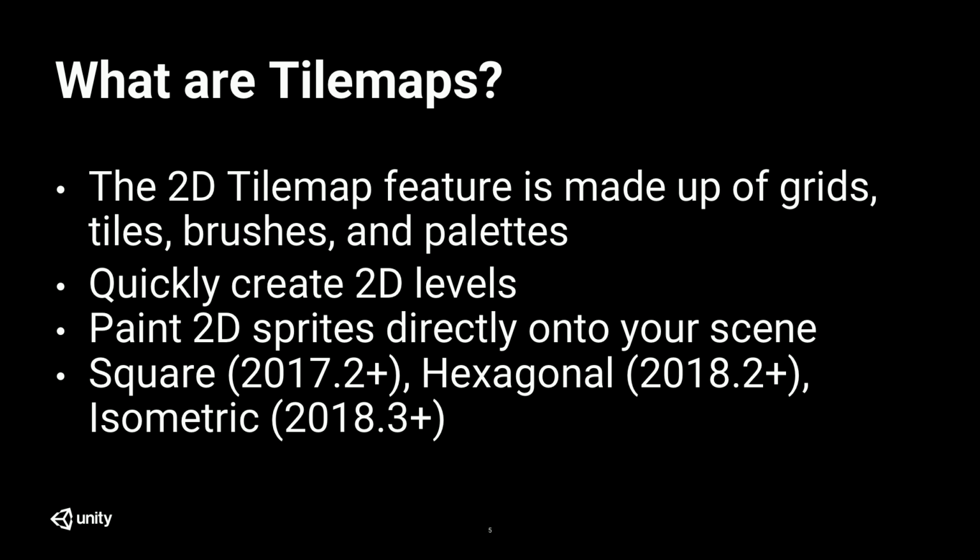On the slide, you'll be able to see the different versions that the different types are available in, but Square is available from 17.2 onwards, and the 2D team have been making improvements and new features since then. And as of 18.3, you'll be able to use the 3 different kinds of tile maps: square, hexagonal, and isometric.